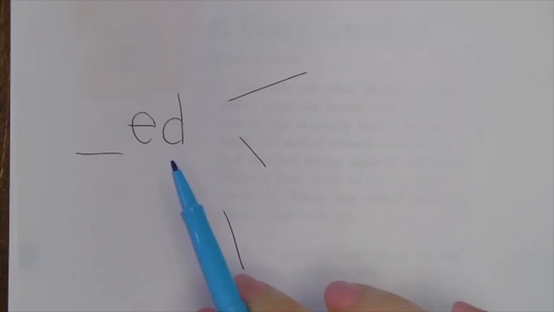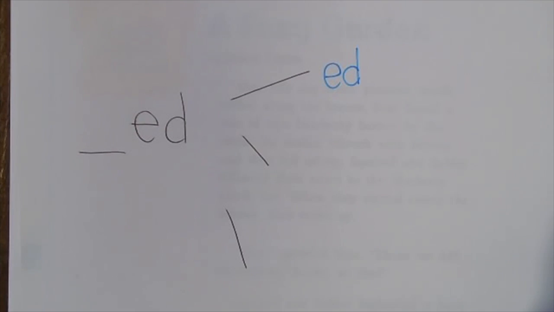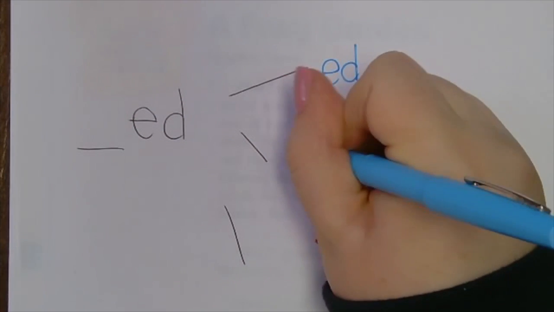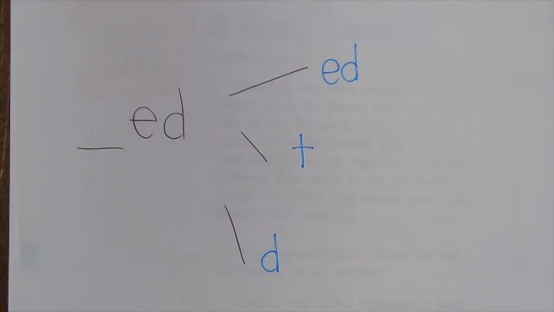So you could say walked. That happened in the past. You could say called. That happened in the past. But there's 3 different sounds that ED can make. It can say ed. It can say t, and it can say d.